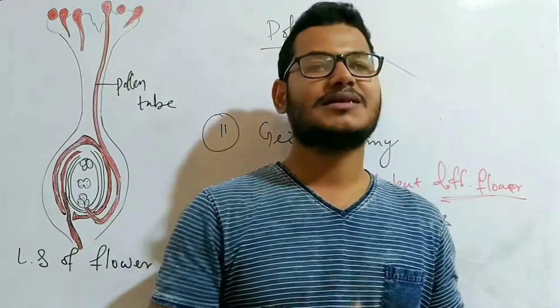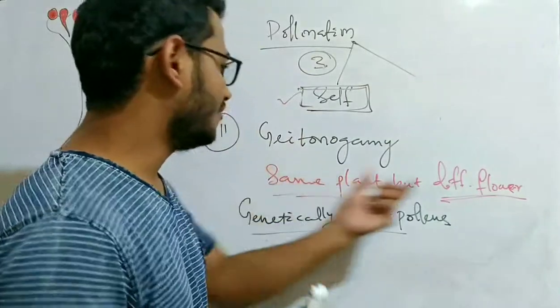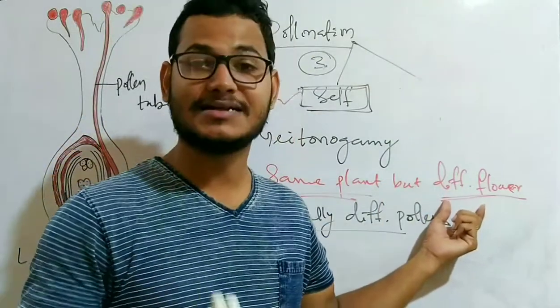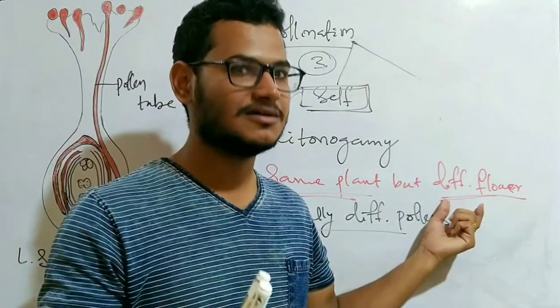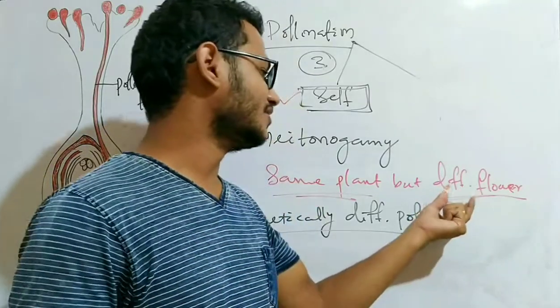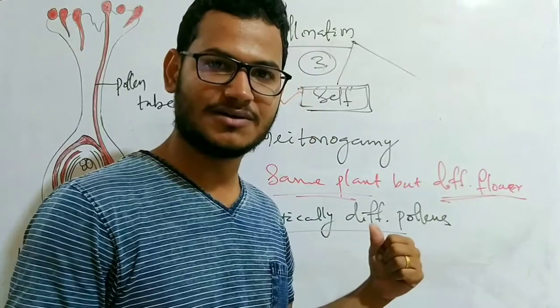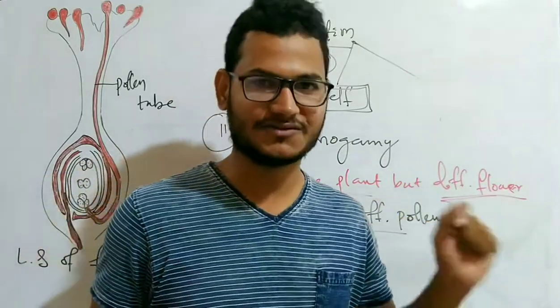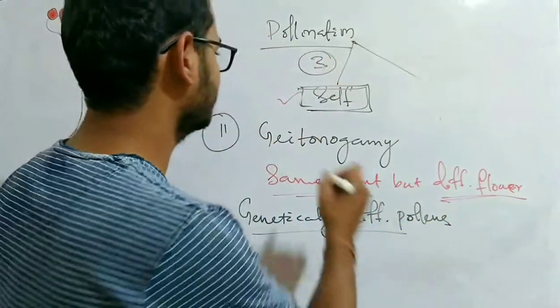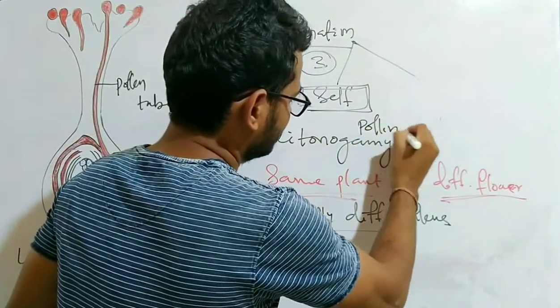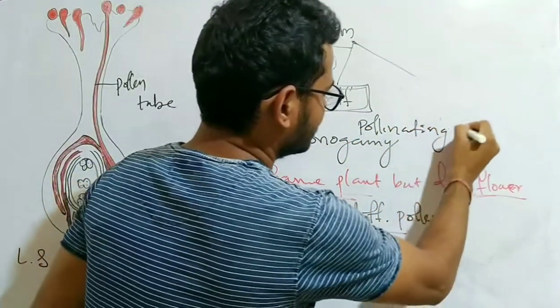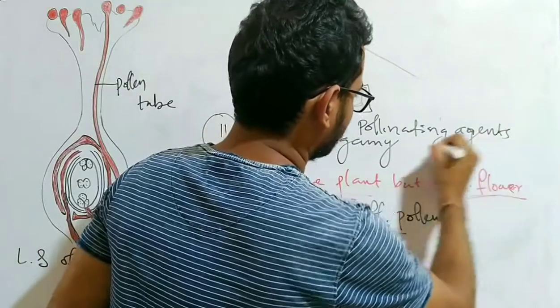In this case, as the flowers are different, are pollinating agents required or not? Pollinating agents are required because the pollen needs to travel to another flower, maybe of the same plant but a different flower. So pollinating agents are required.